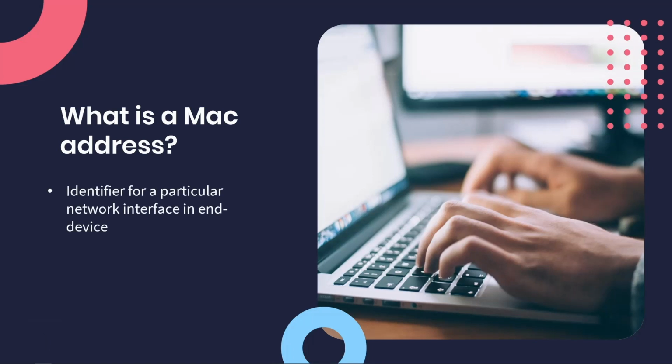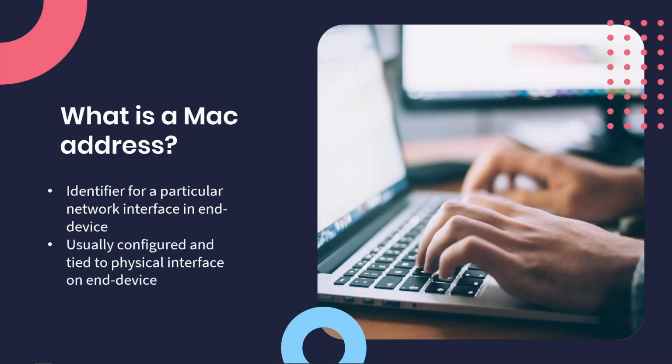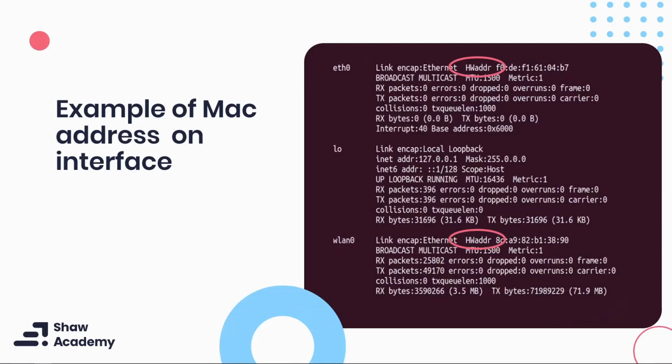MAC addresses are usually configured and tied to the physical interface on the end device by the manufacturer. Do you remember this from when we looked at wireless adapters in the previous lesson? We can clearly see from the circles that the top and bottom interfaces, not the loopback interface, refer to the MAC address in the device.